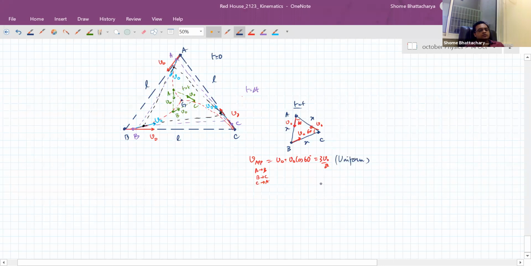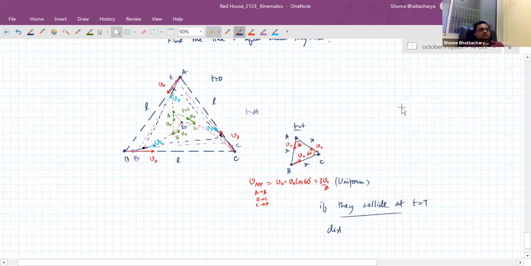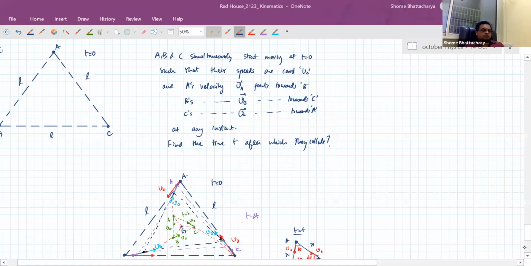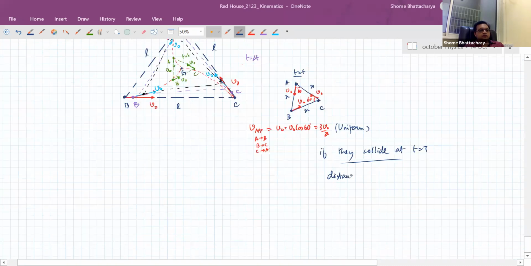So let us say, if they collide at some time t equal to capital T, so the distance between any pair x, so moment, I'll reshare this. Distance x between A and B or B and C or C and A, whichever. Okay.